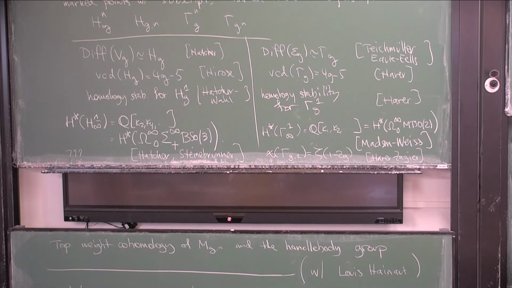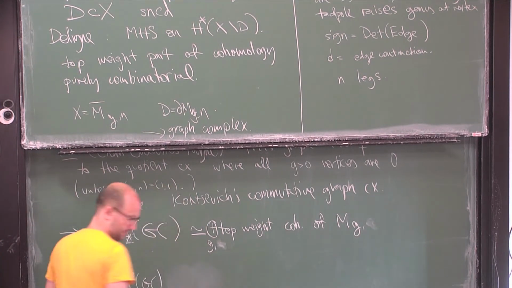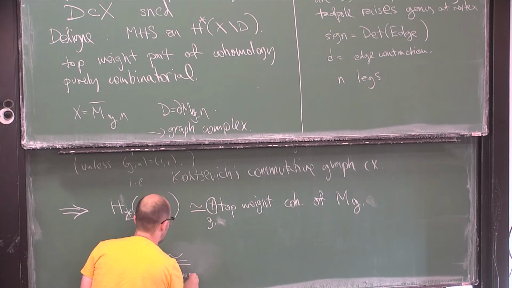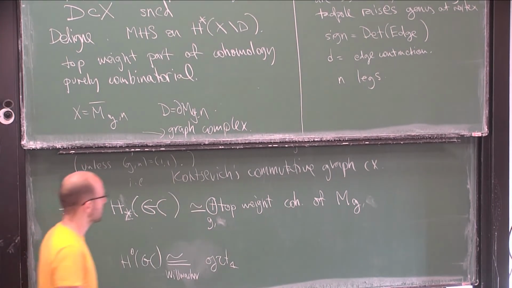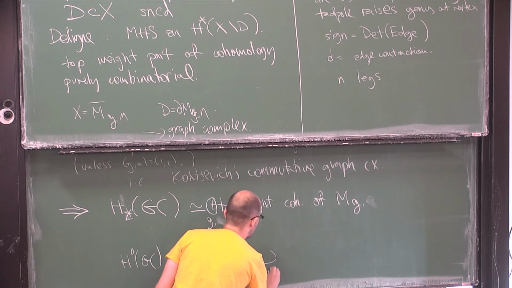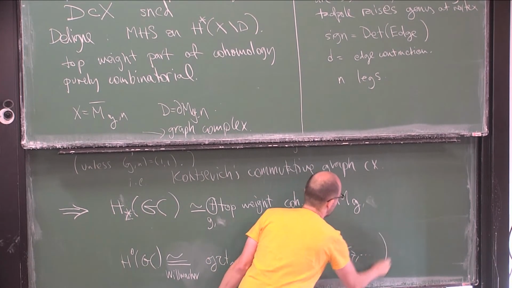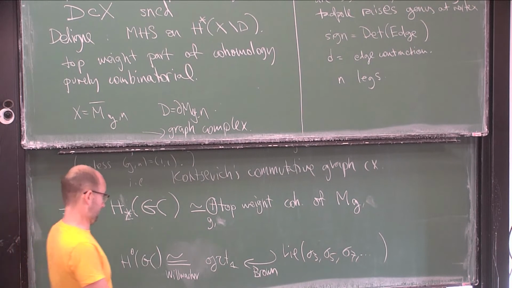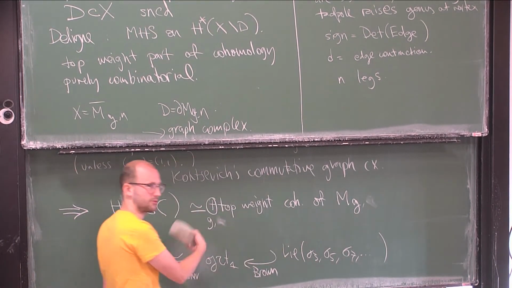The H0 of the graph complex is isomorphic to the Grothendieck-Teichmüller Lie algebra grt_1, which contains the free Lie algebra on generators. So there is an enormous amount of cohomology of M_g coming from this construction.